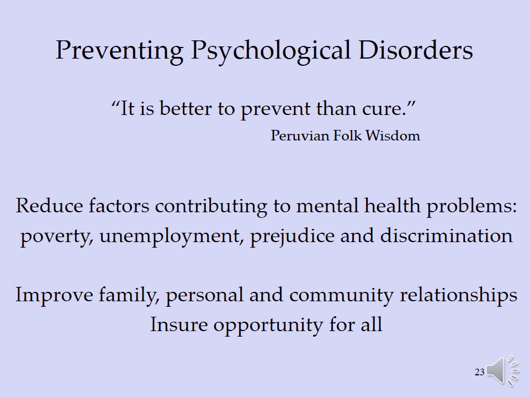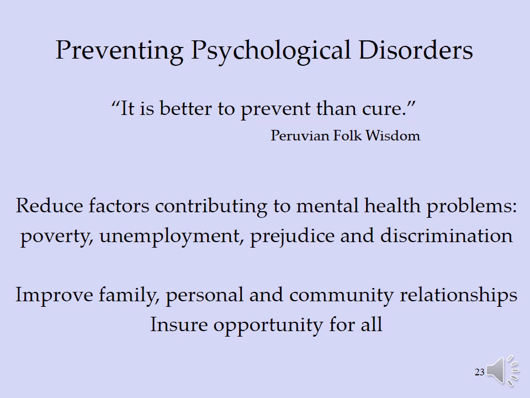Another way of looking at prevention is to look at the bigger societal picture. So we also may be able to prevent psychological disorders by attacking factors that contribute to mental health problems, societal problems like poverty and unemployment, prejudice, discrimination. If we can knock these things down, we're going to see fewer people suffering from psychological disorders.